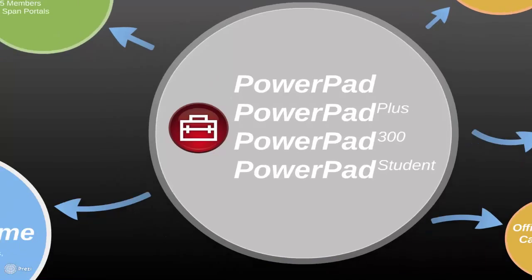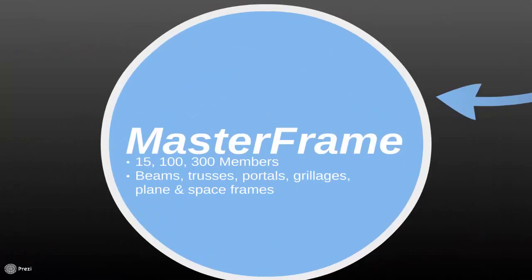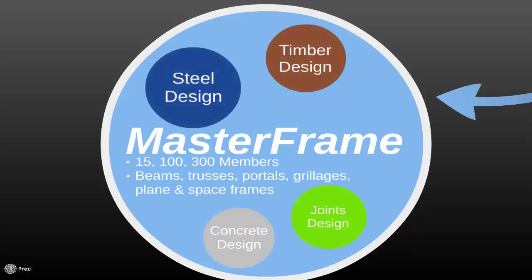The core behind the PowerPad is the fact that it gives you real programs. So we have the master frame program with either 15, 100 or 300 members, and that allows you to do beams, trusses, portals, grillages, plane and space frames, and we can do those in steel, concrete, timber, and we can also design our connections.